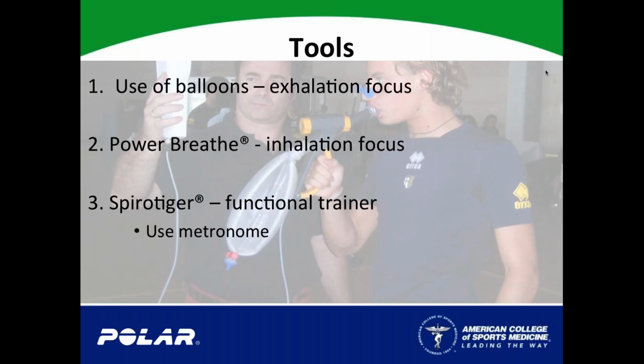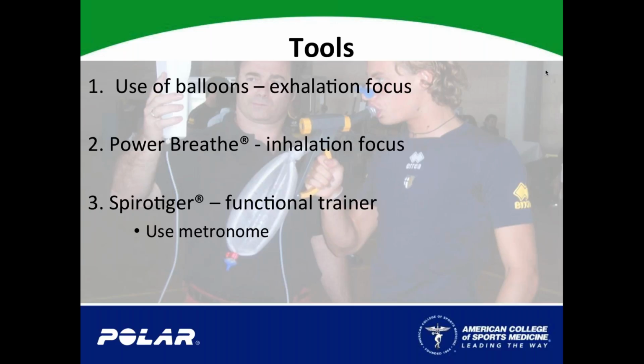And then there are tools like the Spiro Tiger, which is what you see in the picture in the background, which uses almost a metronome and has a bag on the end of it that you take deep inhales and then deep exhales into, and it'll set a particular rhythm, say inhale for 2 seconds and exhale for 4 seconds.